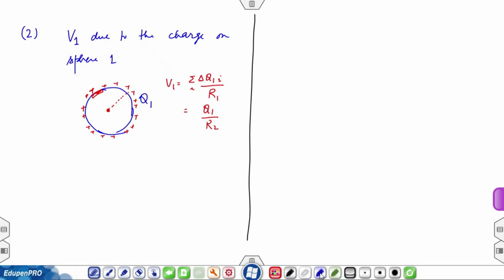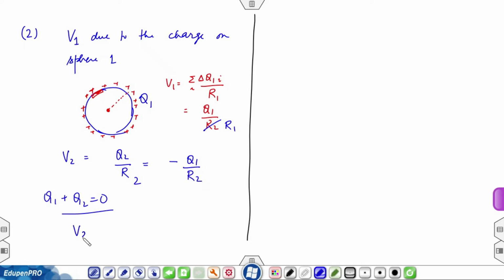And similarly, V2 therefore will come out to be Q2 over R2. The other one is, this is R1, V2 over R2, and since Q1 and Q2 together are 0, because net charge is conserved, this is equal to minus Q1 over R2, and therefore, the second contribution V2 minus V1 is going to be Q1 over R1 minus Q1 over R2.